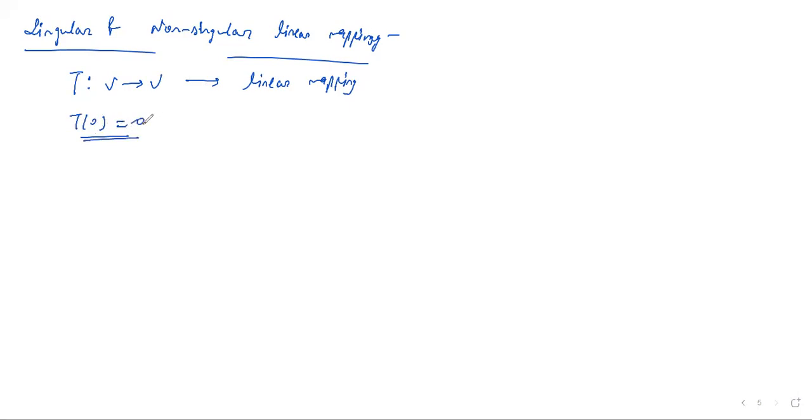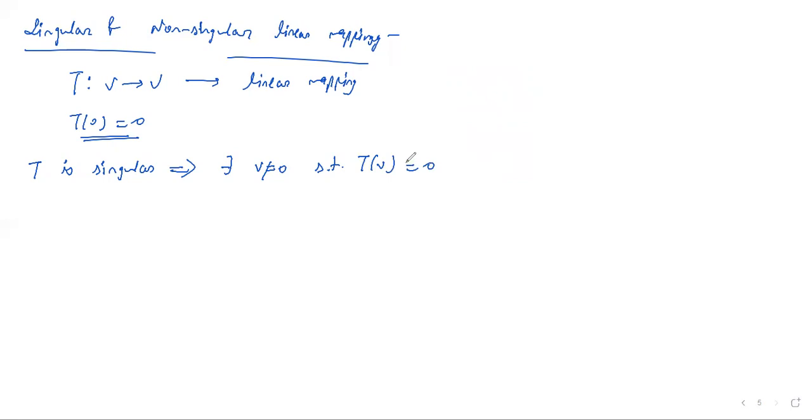Now this mapping T is singular if the image of some non-zero vector v is 0. That means there exists a vector v which is non-zero such that the image of this non-zero vector is equal to 0, then we can say that my mapping is singular.